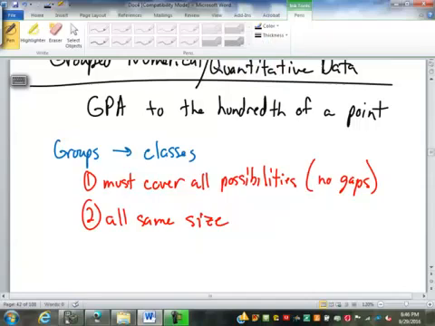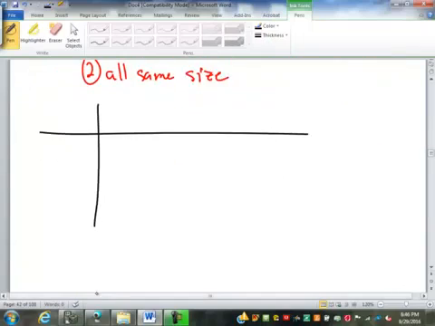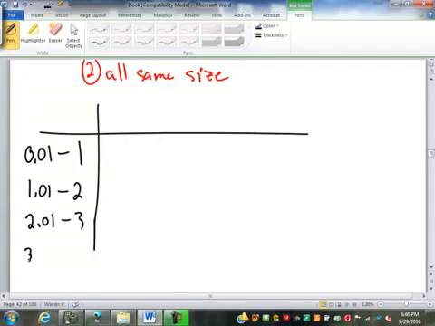Now for GPA, there's some pretty common sense groups I'm going to use. We go from 0.01 to 1, 1.01 to 2, 2.01 to 3, 3.01 to 4. Now there is one little gap here. It is possible to have a 0.00 GPA. In other words, you failed everything.